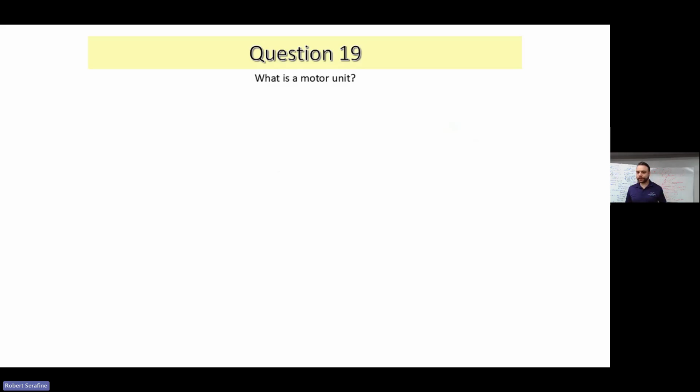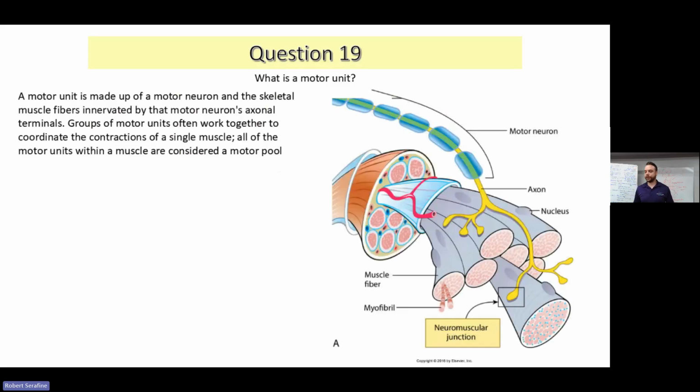Let's take a look at some other components and concepts of the muscular system, namely a motor unit. I think this is really interesting stuff. What exactly is a motor unit? A motor unit is a single unit made up of an individual motor neuron and all of the different muscle fibers that it reaches out and touches.